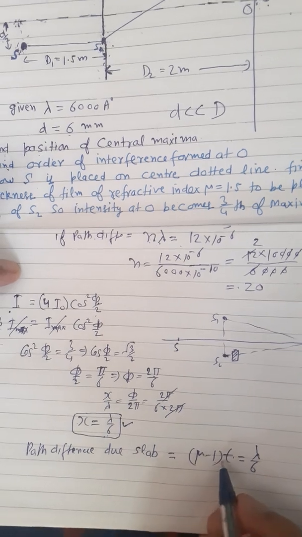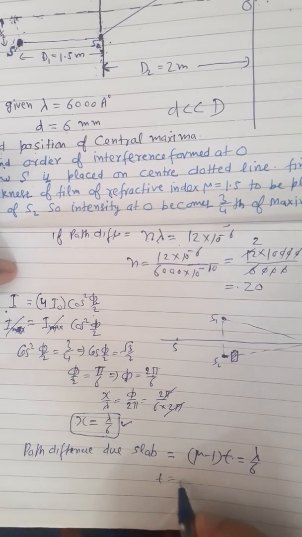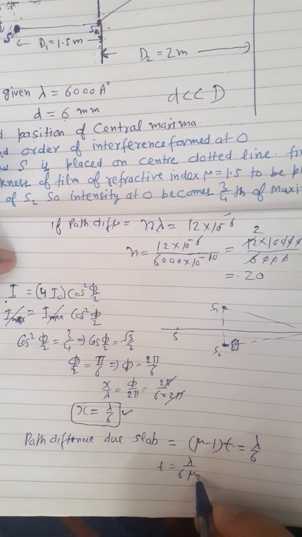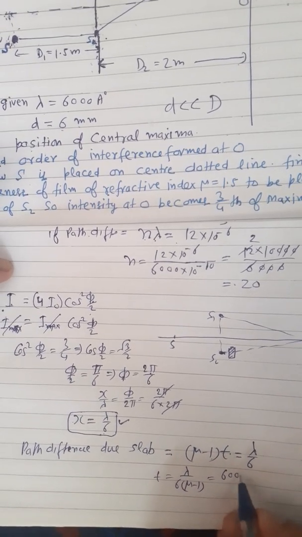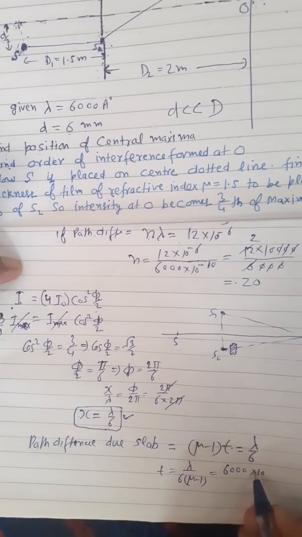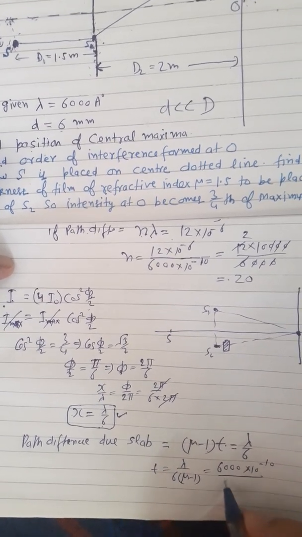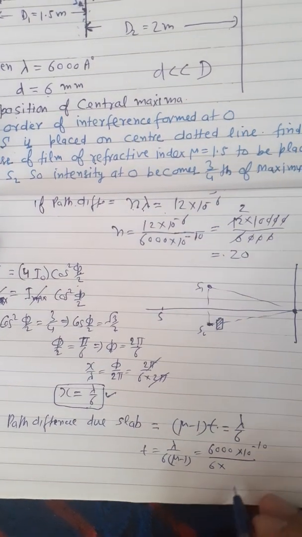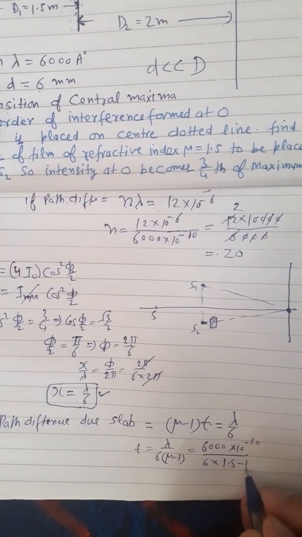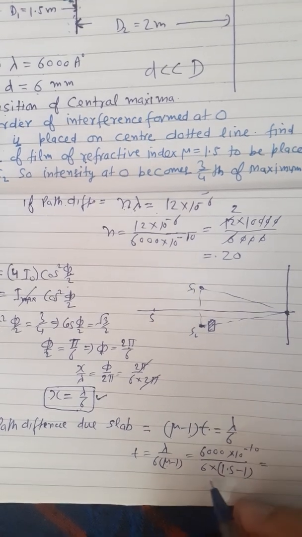If we solve it, t is equal to what? Lambda upon 6 into mu minus 1. Lambda they have given 6000 angstrom, 10 raised to minus 10, 6 into mu, they have given how much? 1.5. 1.5 minus 1, solve it.